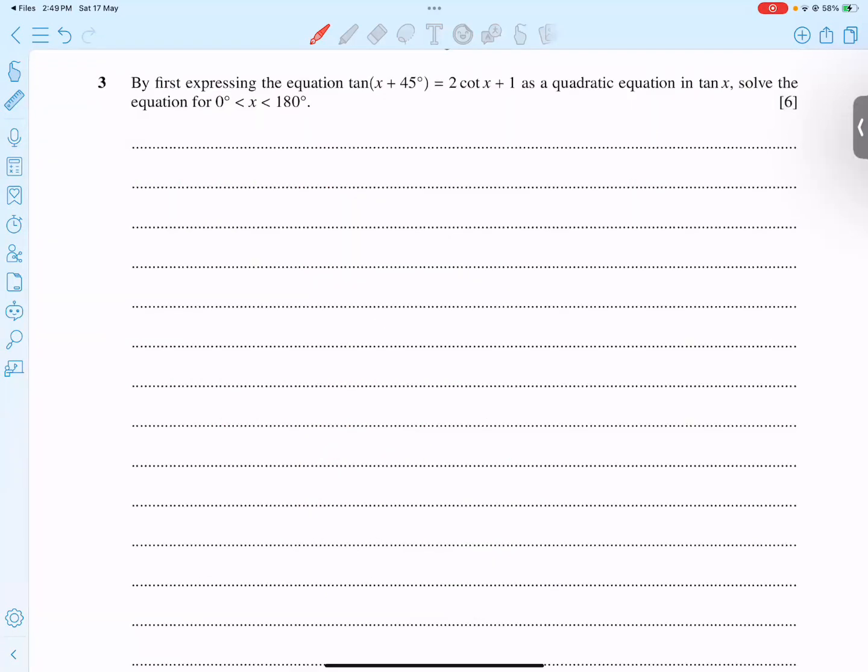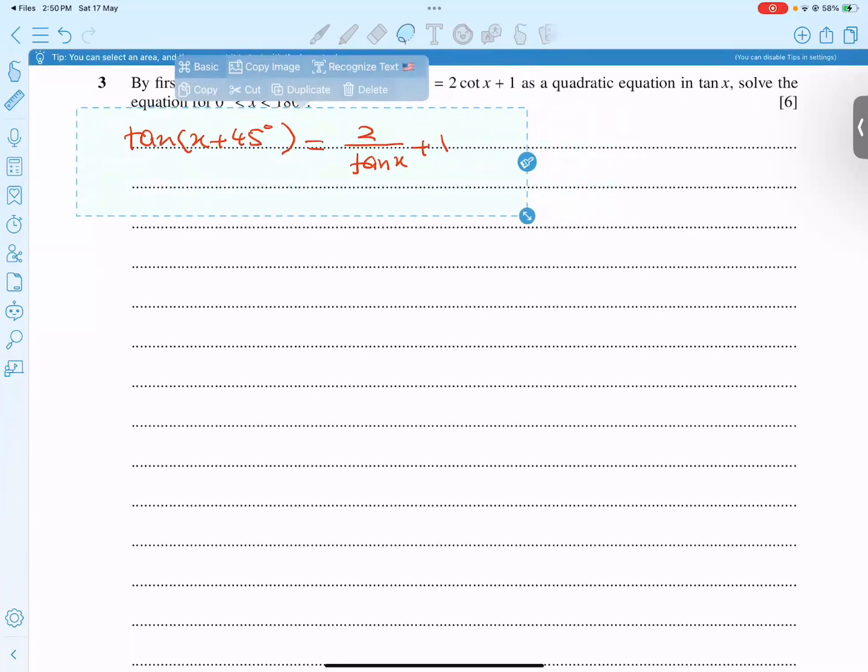Question number 3, students, by first expressing the equation of this, make the quadratic equation in tan x. So how can we do it? Tan of x plus 45. No need to copy in an exam the way I'm copying, and don't waste time. You can do it directly also, like expanding it. Anyway, the fundamental law of tan is what?